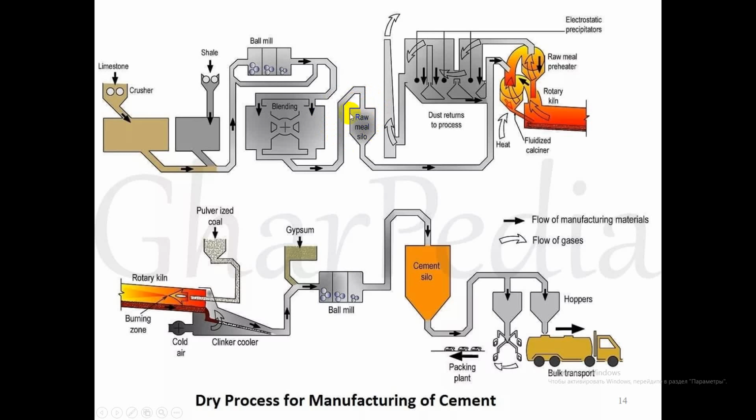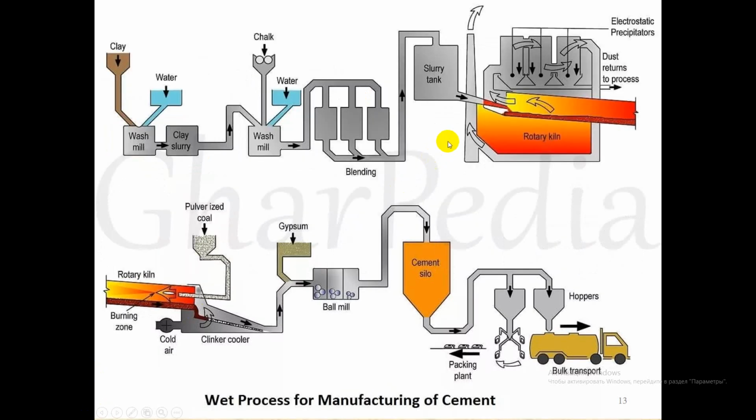In the calcination stage, the cement kiln used by the wet process is longer in comparison to the dry process, and there is no preheater and precalciner in front of the kiln.